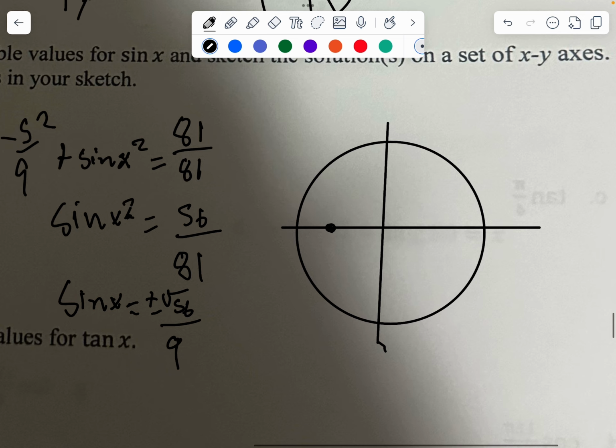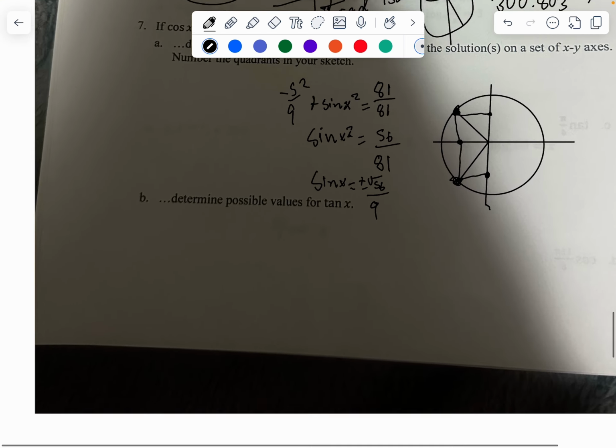Then we have plus square root of 56 over 9, right there, and negative square root of 56 over 9. We'll see where they match up. That's our angle for that, and that's our other angle right there.